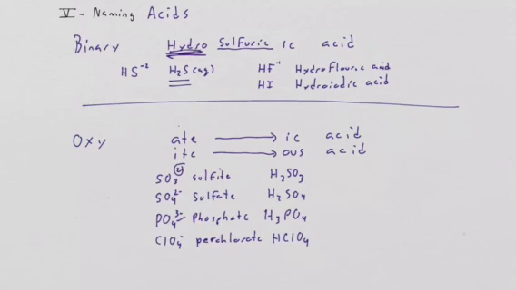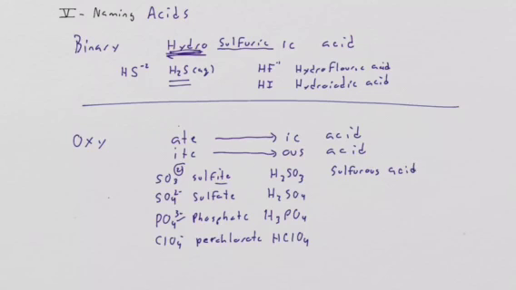And the naming system is very simple. The ite becomes ous. Now I don't know why they stick the extra syllable, but that's why I did the sulfites and the sulfates, because they're kind of annoying. And if you get the middle a little wrong, I'm not going to take off points. But you should know that this is going to be called sulfurous acid.